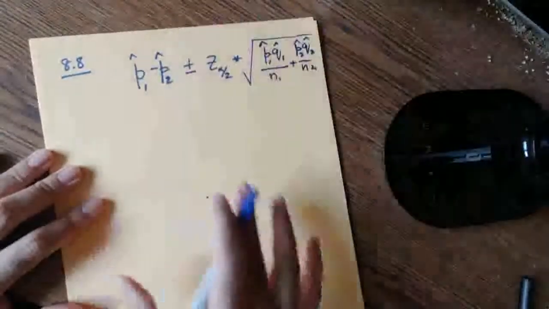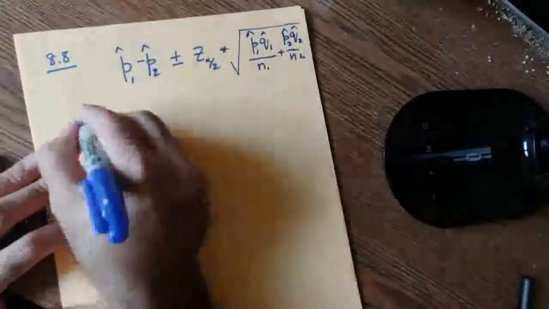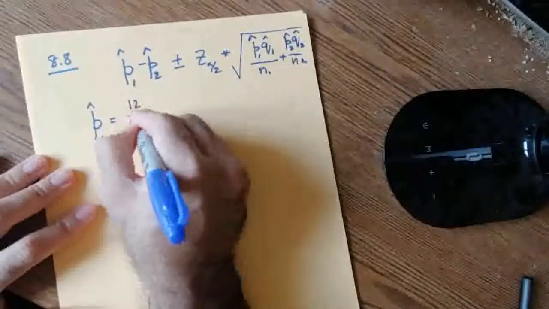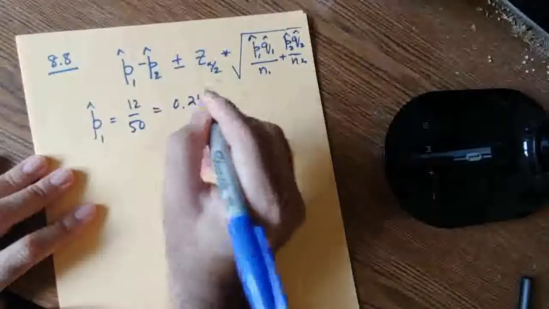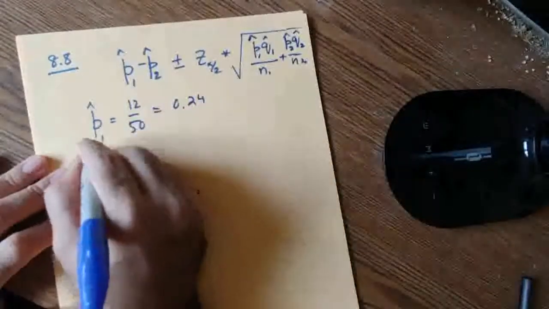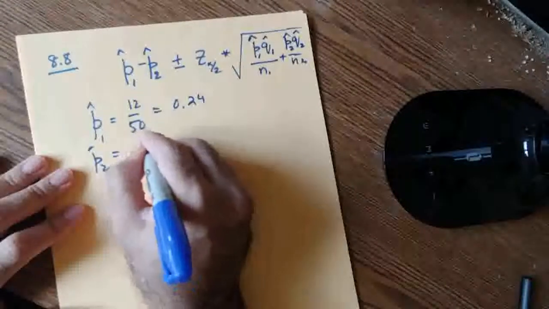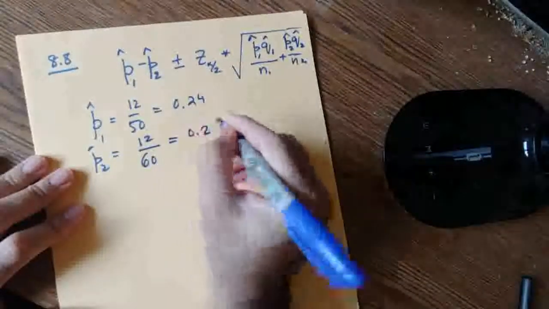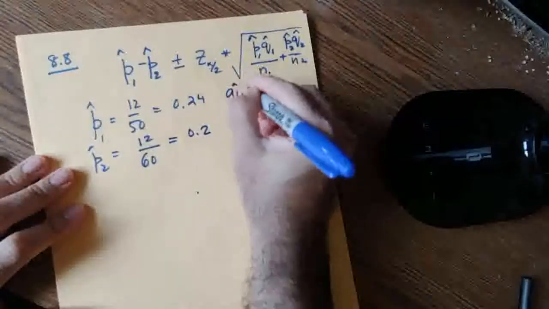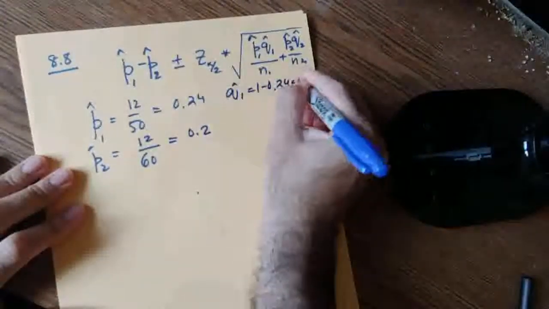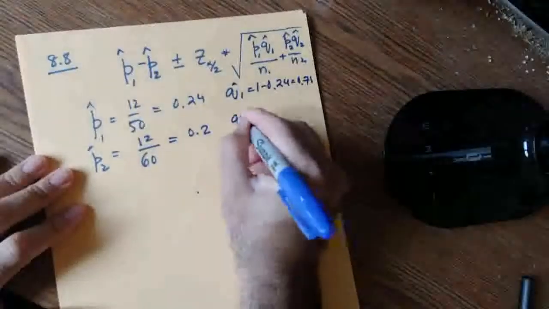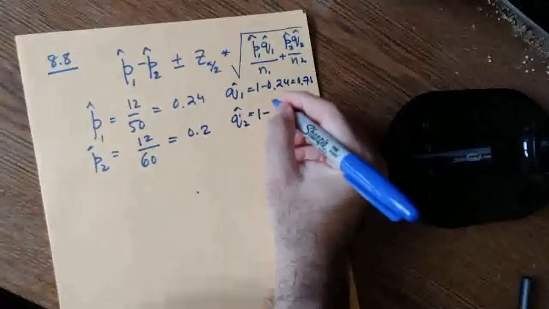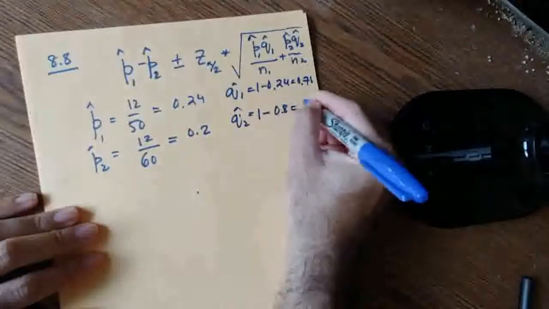So this is your formula. Everything should be given to you. For example, p1 hat is 12 over 50, which is 0.24. p2 hat is 12 over 60, which is 0.2. Similarly, q1 hat is 1 minus 0.24, which is 0.76. q2 hat is 1 minus 0.2, which is 0.8.